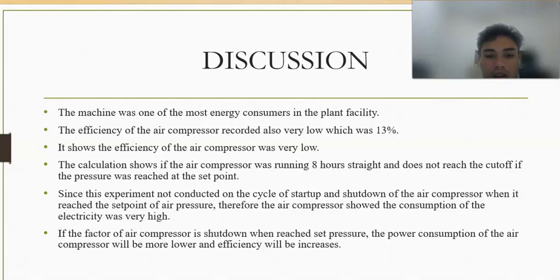So we can say that the 32 kilowatt is used by the air compressor since the cut-off phenomenon occurs. If the air compressor is shut down when reaching set pressure, the power consumption of the air compressor will be lower and efficiency will be increased.